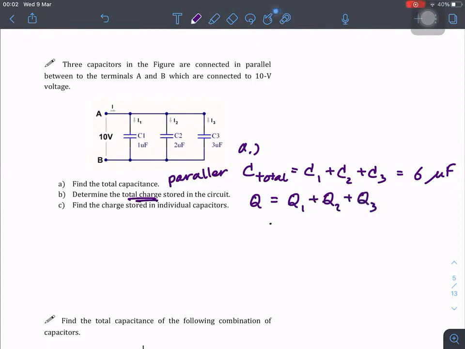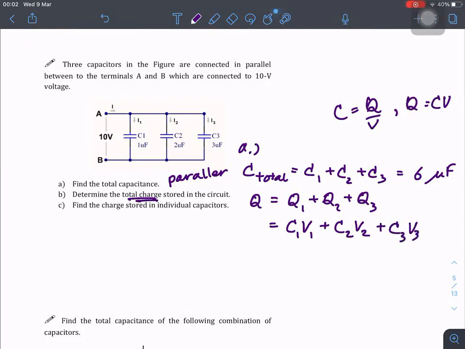For each of the charges, Q1 we should be able to find by C1 V1. Q2 should be C2 V2, because C equals Q over V and Q equals CV, right? And Q3 is C3 V3.